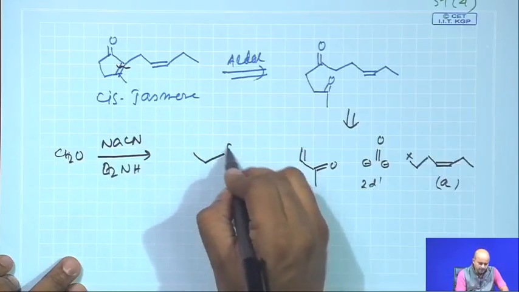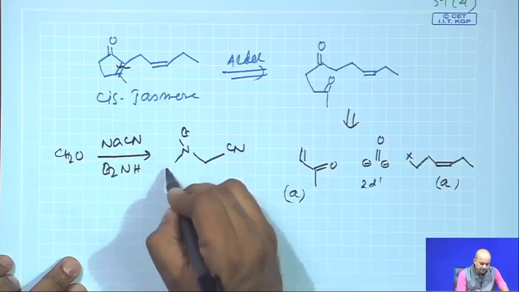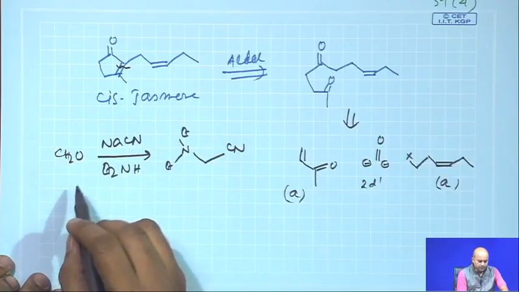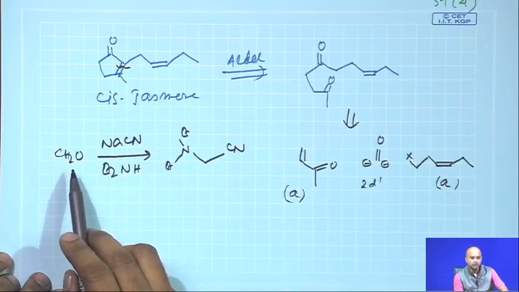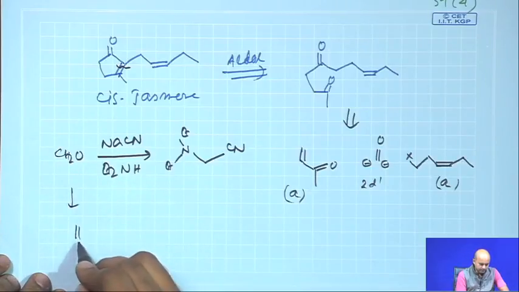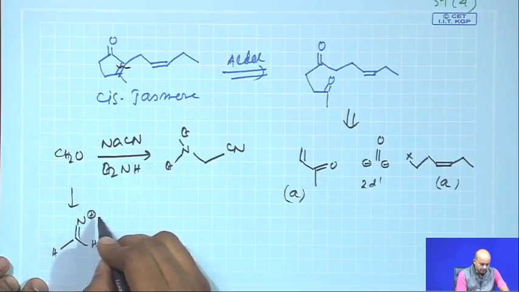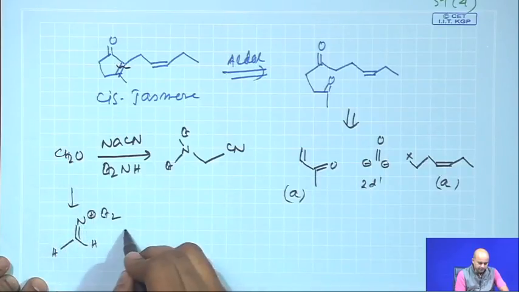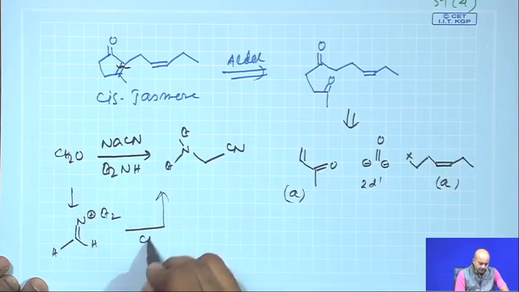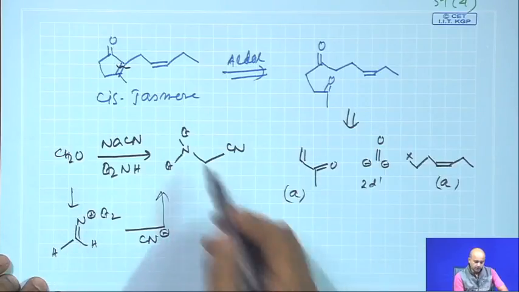You basically get a compound named aminonitrile, NEt2. How do you get it? You basically react formaldehyde first with diethylamine. You basically get this imine. Then your cyanide attacks the iminium carbon in a nucleophilic fashion, and you get this compound.